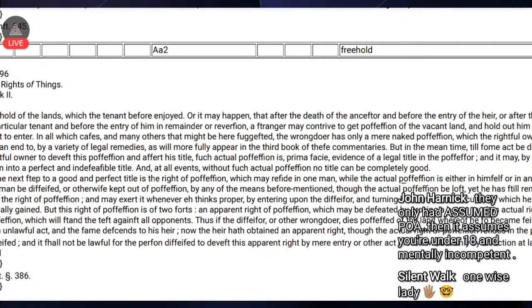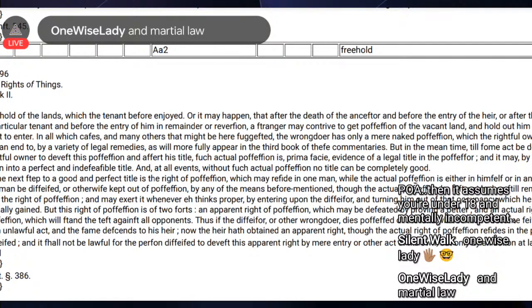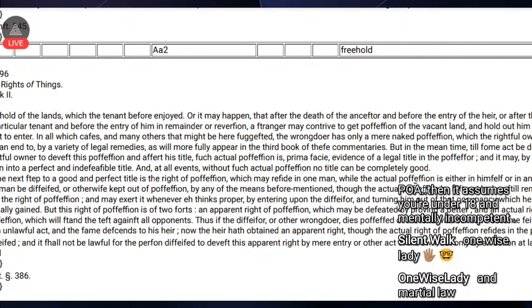On the wrongdoer, and hold him out of right and to enter, in all which cases and many others that might be here suggested, the wrongdoer has only a mere naked possession, which the rightful owner may put an end to by a variety of legal remedies, as will more fully appear in the third book of these commentaries.